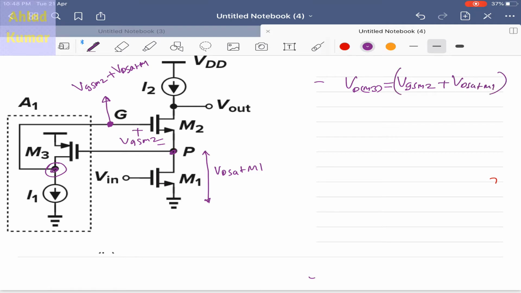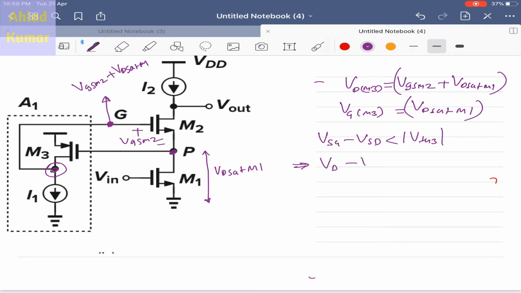And what is the potential at the gate terminal of this M3? The potential at the gate terminal of M3 is VD sat of M1. So in order for M3 to be in saturation, we will write again the saturation condition for M3, which is VSG minus VSD has to be less than mod of VTH3. From this we can reduce it to VD minus VG less than mod of VTH3.